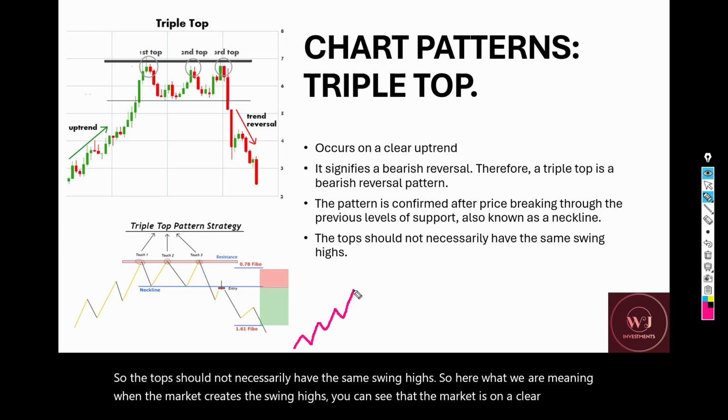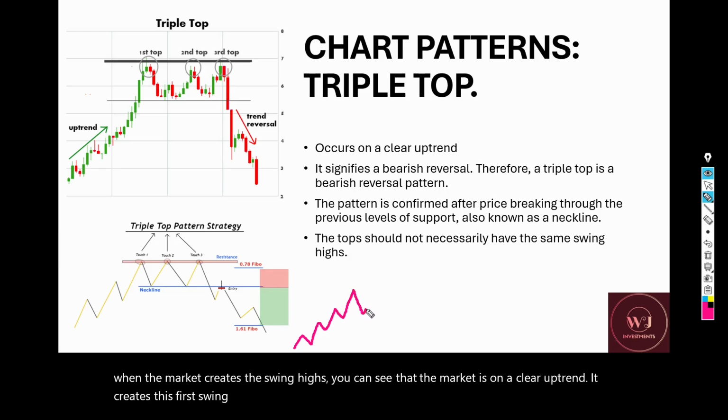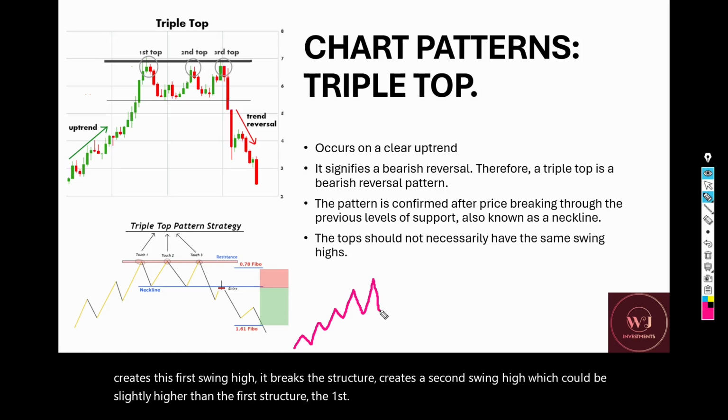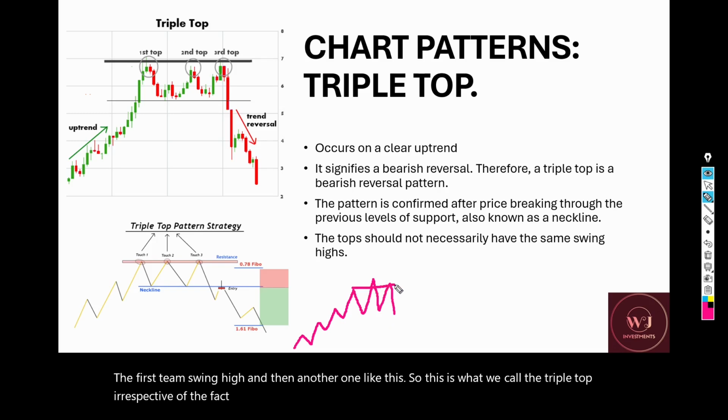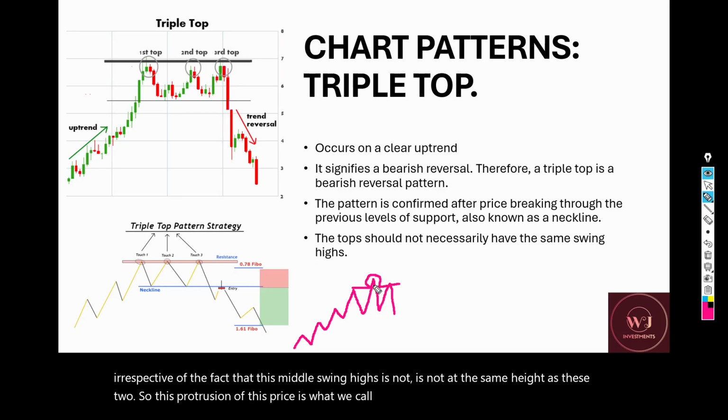It creates this first swing high, breaks the structure, creates a second swing high, which could be slightly higher than the first swing high, and then another one like this. So this is what we call the triple top, irrespective of the fact that this middle swing high is not at the same highs as these two. This protrusion of the price is what we call market fluctuations. So we just ignore that.